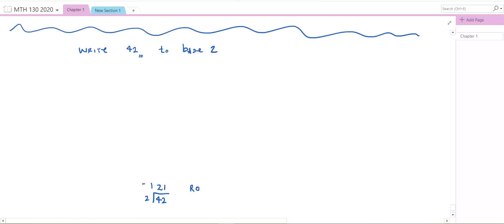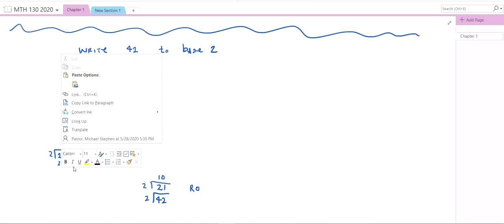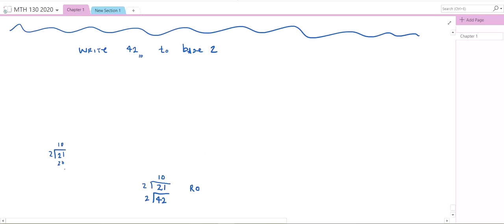Okay, let's divide this now by 2. If I divide 21 by 2, that's going to be 10. But there's a remainder of 1. So now let's do 10 divided by 2.